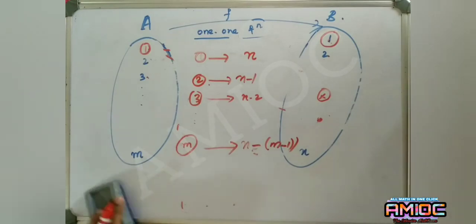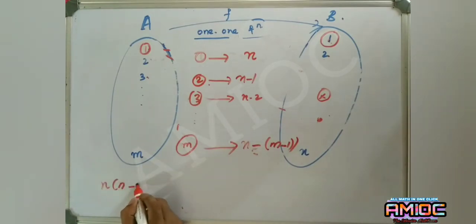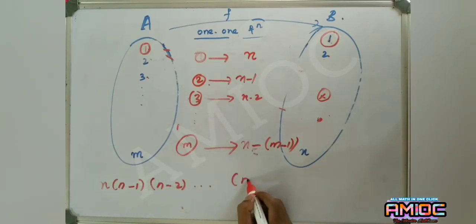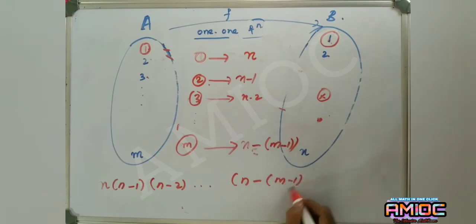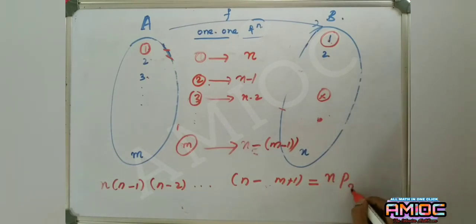Then by the fundamental principle of counting, we have the total number of choices n into n minus 1 into n minus 2, and so on up to n minus m plus 1. What is this? By permutation, it is given by nPm.